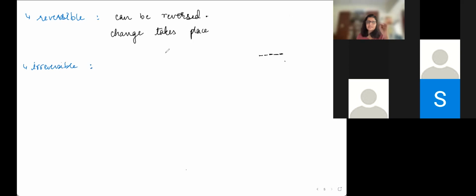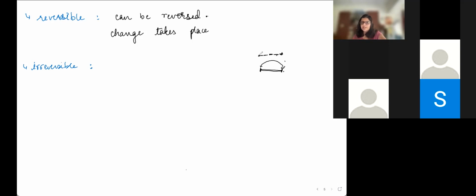Irreversible processes are the processes that cannot be reversed. It's just going from point A to point B instead of inching along at a slow rate, suddenly from here to here. So before you can apply any change to the conditions around it, the change has already taken place from here to here.